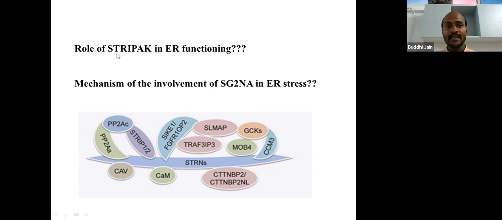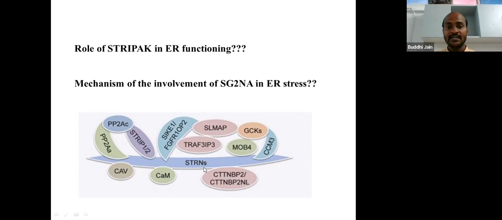So this STRIPAC is a striatin interacting phosphatase and kinase complex. It is a multi-protein complex where various phosphatases and kinases like PP2A and other kinases like MOB4, and CCM3 are present. So this is a single complex where striatins or the SG20 act as a scaffold.